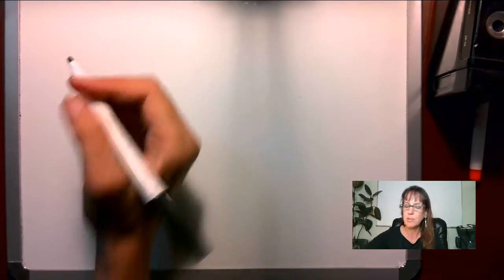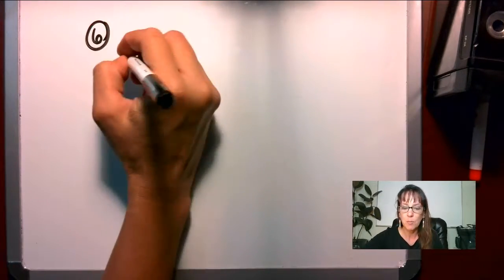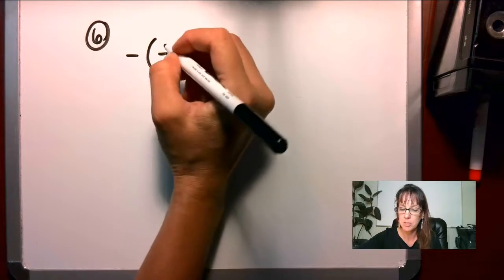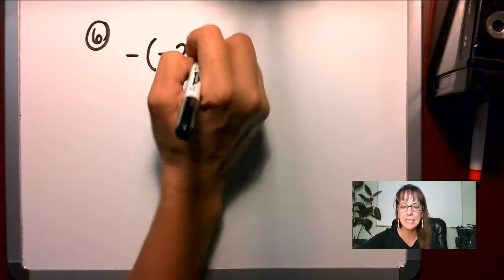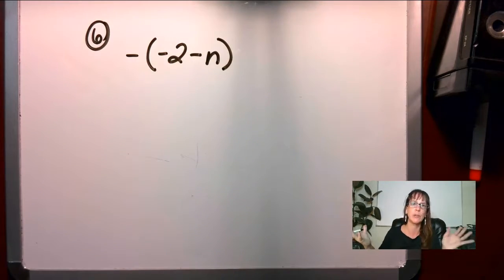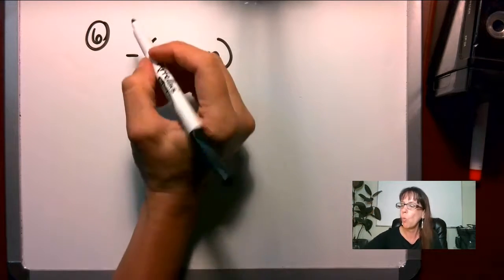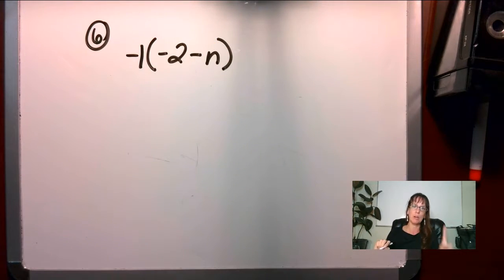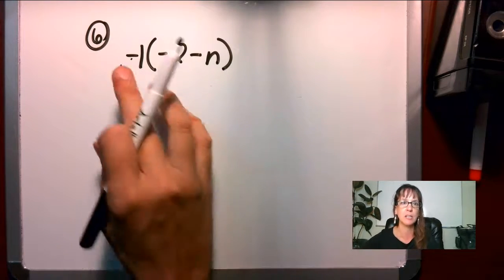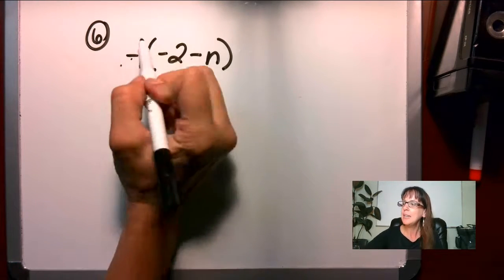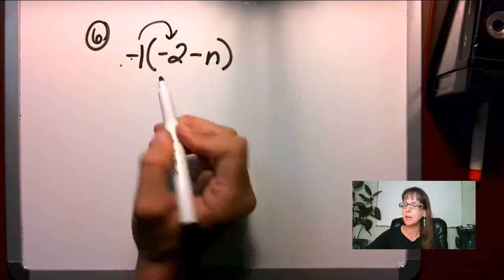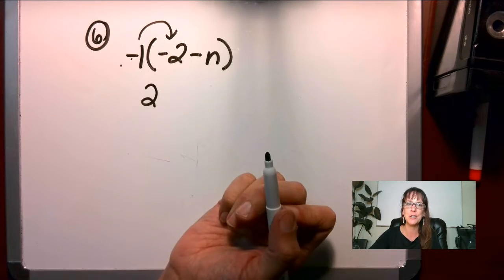All right, now we're going to get into the tough ones. I think you can do 5 on your own, so let's do 6. Now, remember what I said about mathematicians being lazy? We are lazy about writing the number 1. We never want to do it. This is actually a negative 1 here, so you've got to be real careful with that. If you see a negative sign, especially when they like to throw negative signs in here: negative 1 times negative 2 is going to be positive 2.